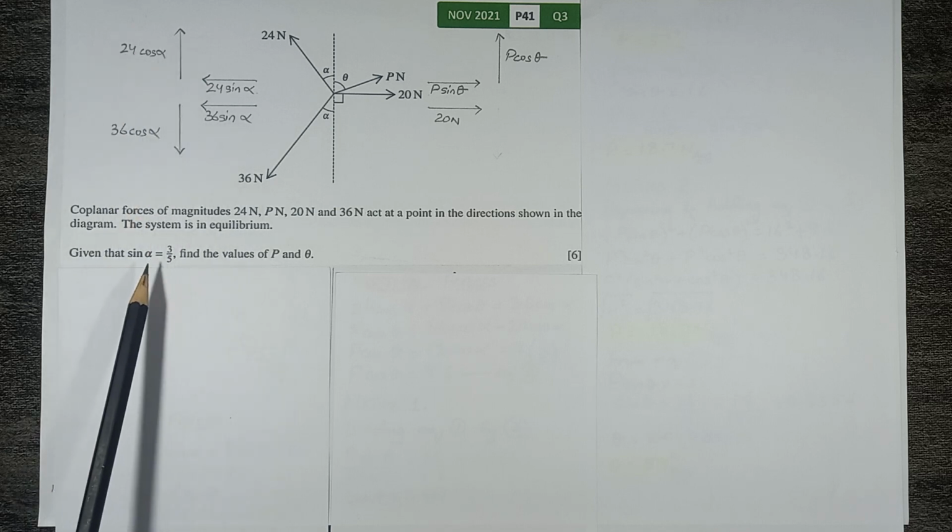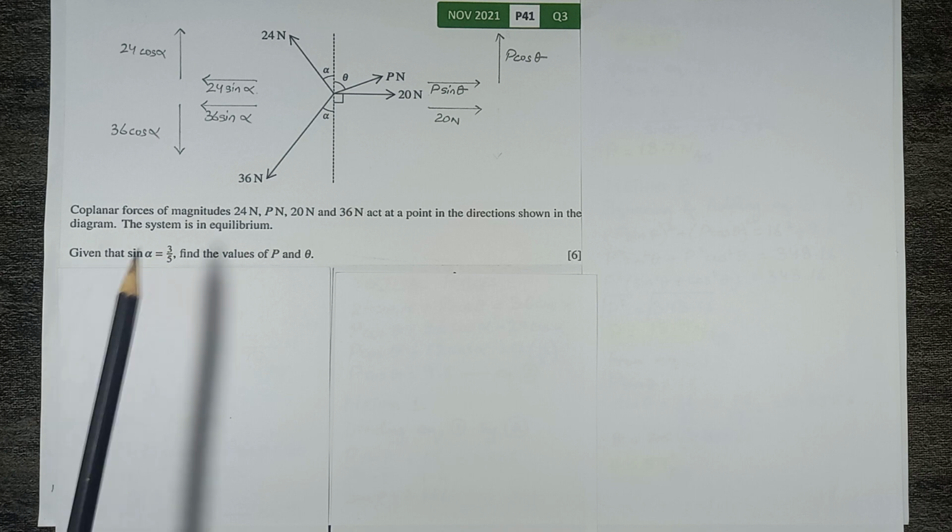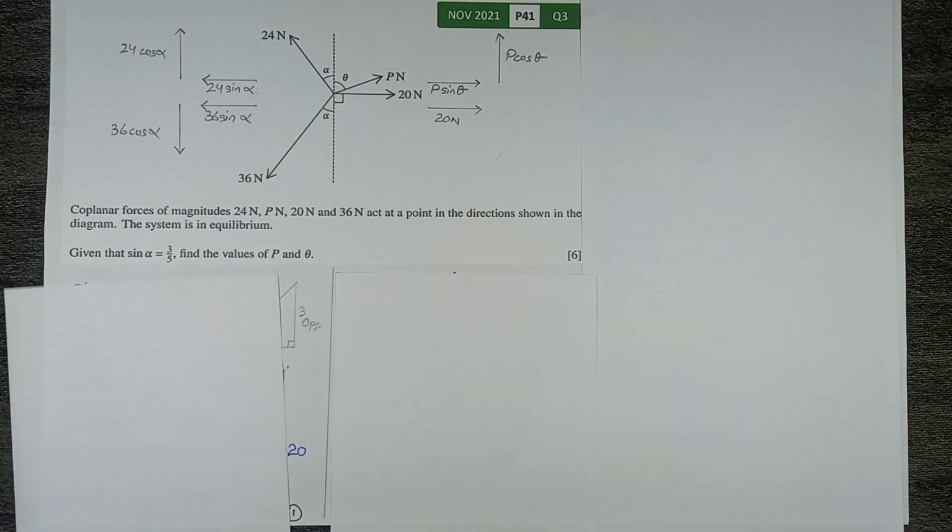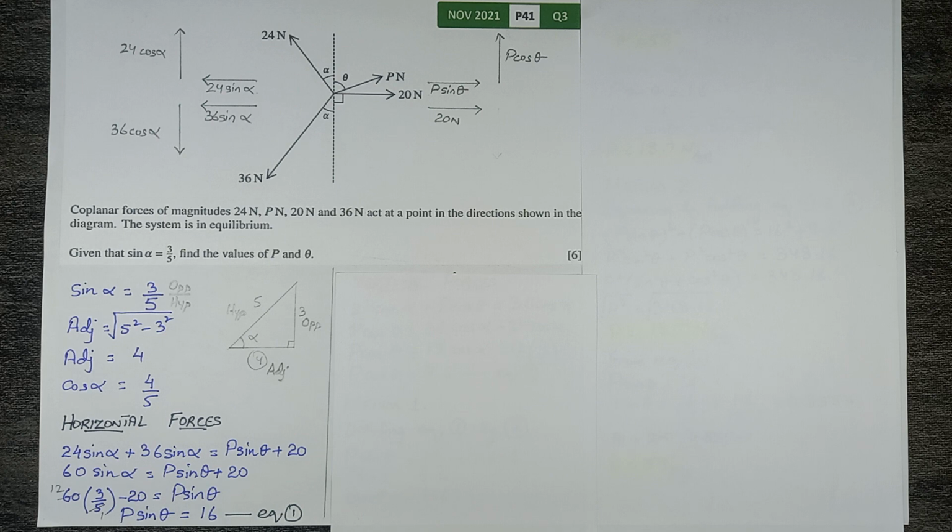So we will use this value of sine alpha to find cos alpha, and for that we will draw a right angle triangle. This sine alpha is 3 upon 5, where 3 is representing opposite and 5 hypotenuse, because we know that sine is opposite upon hypotenuse. Opposite is 3 over here, hypotenuse is 5 over here, and by using the Pythagoras theorem we can easily calculate the third side.